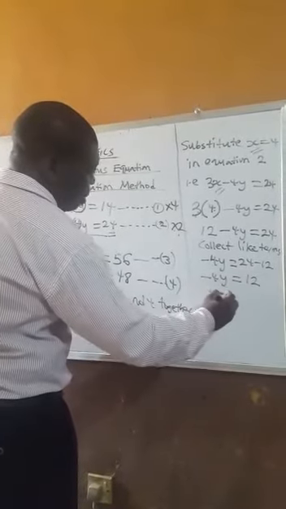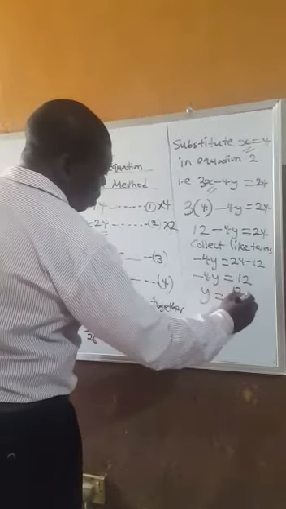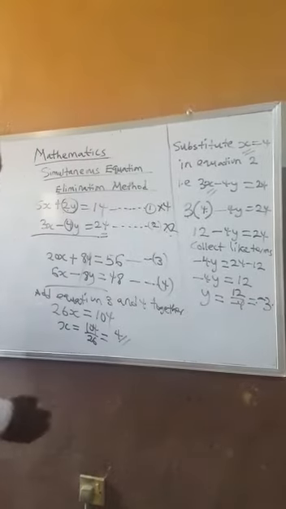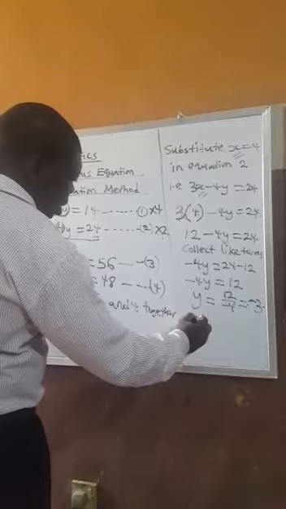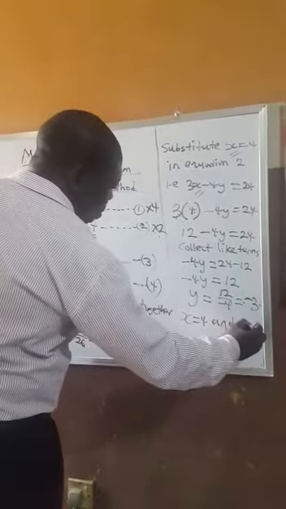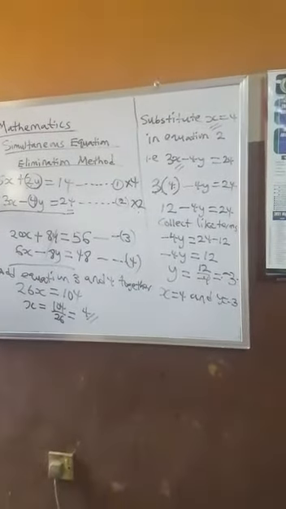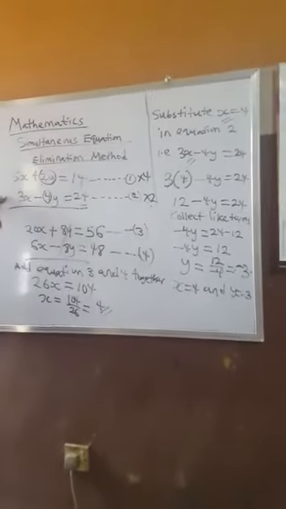Then for our y, divide both sides by minus 4, we have 12 over minus 4, which gives us minus 3. We have gotten our y here. That is to say, x equals 4 and y equals minus 3. That is the solution to this simultaneous equation using elimination method.